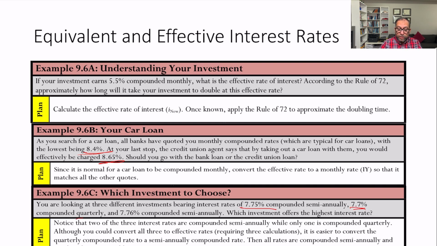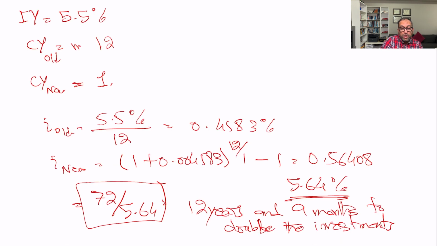So we can compare the semi-annual and semi-annual rates directly because they are equal. So we can see that 7.76 is better as compared to 7.5. So what we do, we only convert this quarterly rate into a semi-annual rate, and then we see which one is higher, because the rest of the 2 are in semi-annual terms. So let's start.